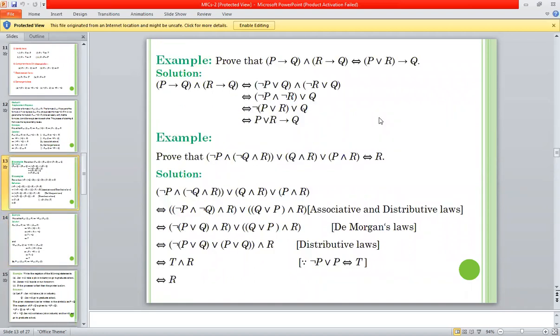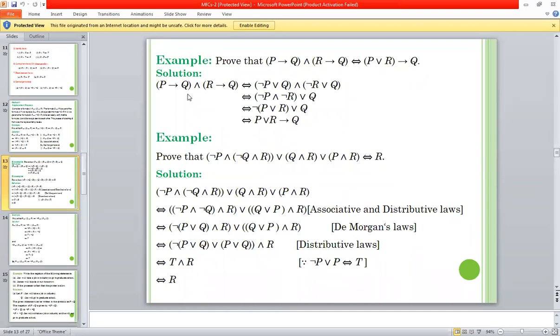First problem: prove that (P implication Q) and (R implication Q) is equivalent to (P or R) implication Q. So the given statement is (P implication Q) and (R implication Q) which is equivalent to (P or R) implication Q.